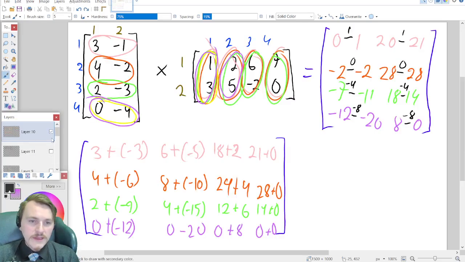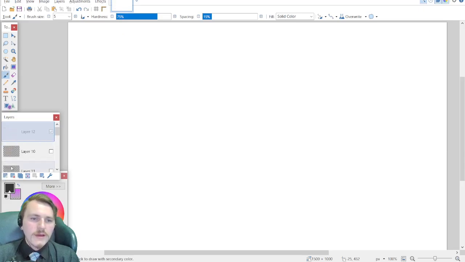I didn't want to delete that. Let's do one more example. We'll do Boolean matrices this time. Let's do a simple Boolean matrix of... sure, we'll do 2, 3, 4, 5.